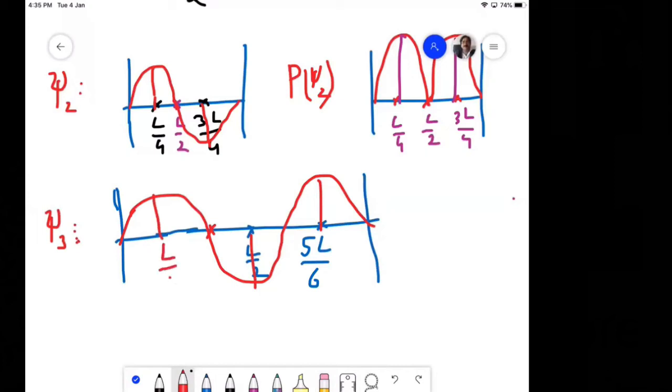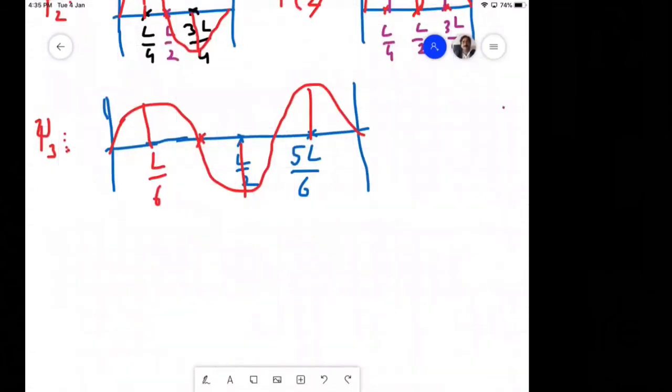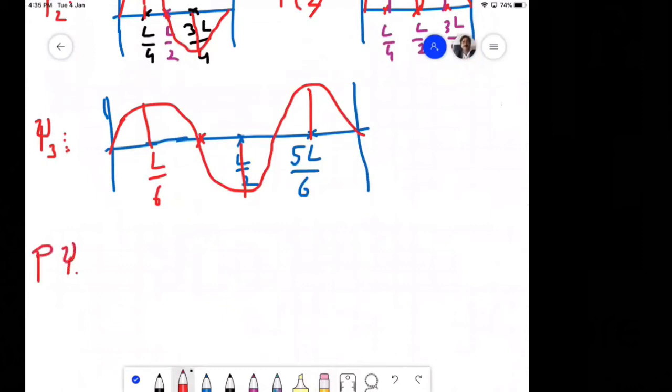It was L/6, right? This you have. And as I have already explained, the probability will be equal to, what is the probability, and probability will be presenting the same graph.